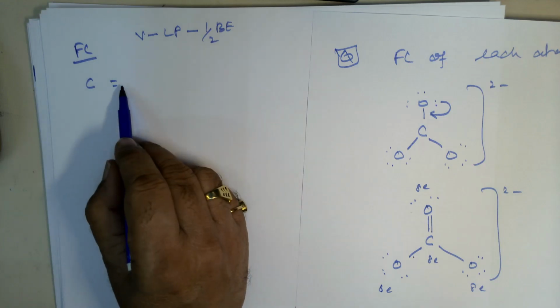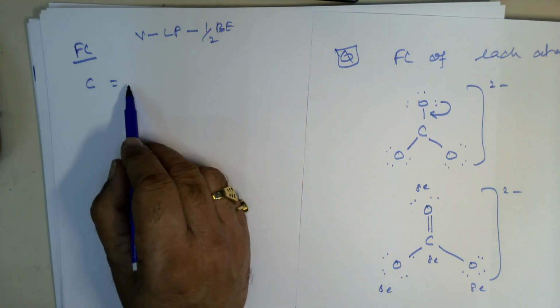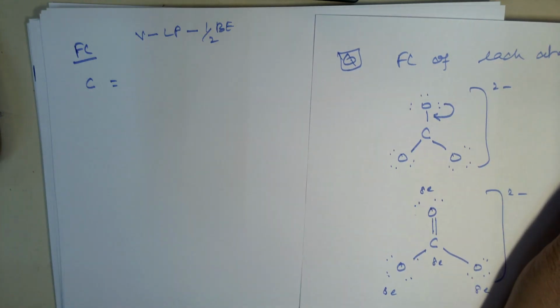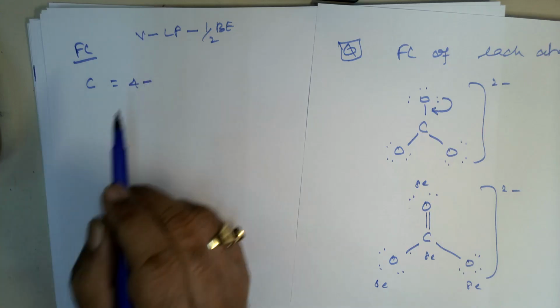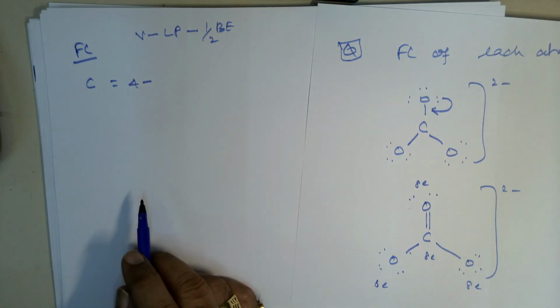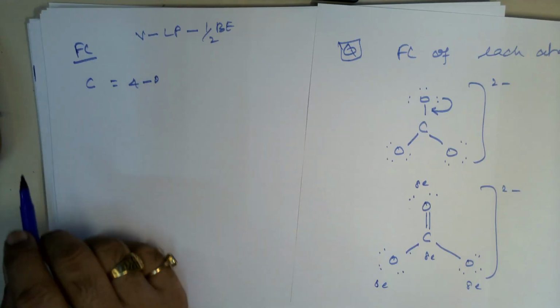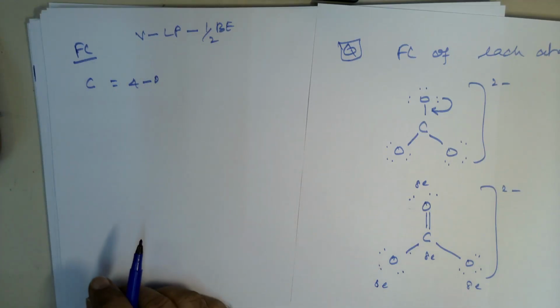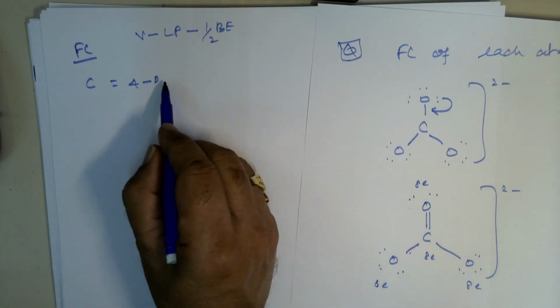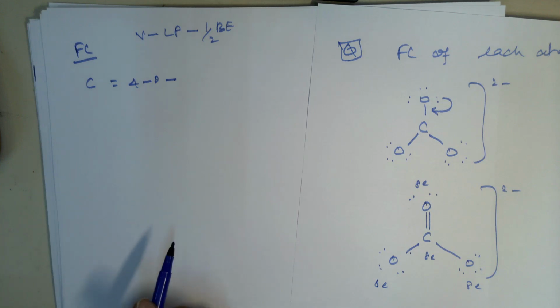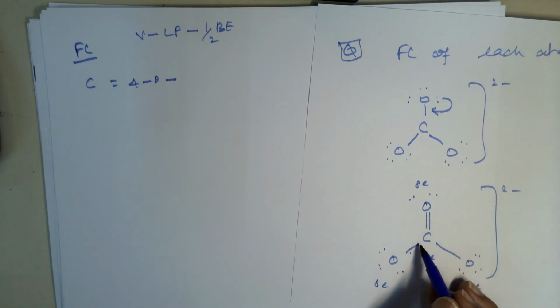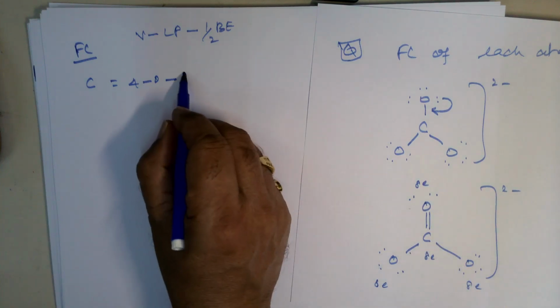Now, valence electrons for carbon, how much? You have got already 4, right? 4 minus, what about the lone pair of electrons here? No lone pair of electrons, put 0. Carbon has no lone pair of electrons. And what about the bonded electrons? How many? 1, 2, 3, 4, 2s are 8.